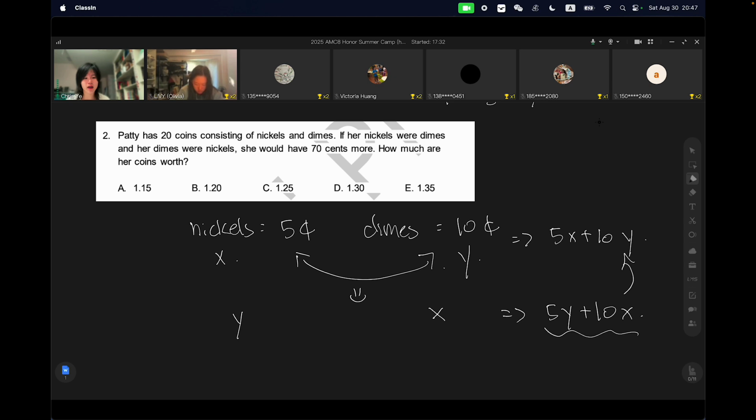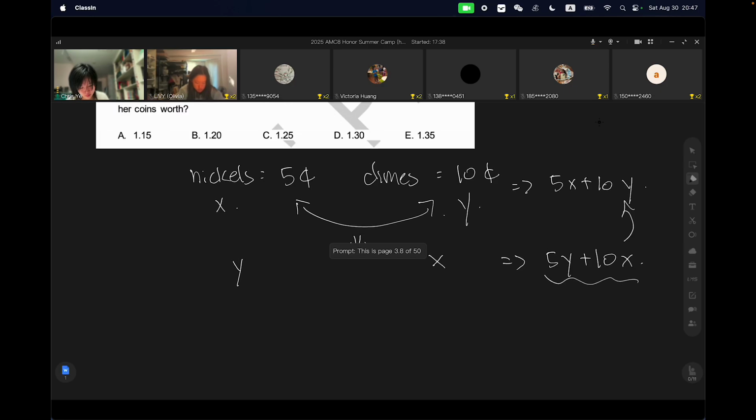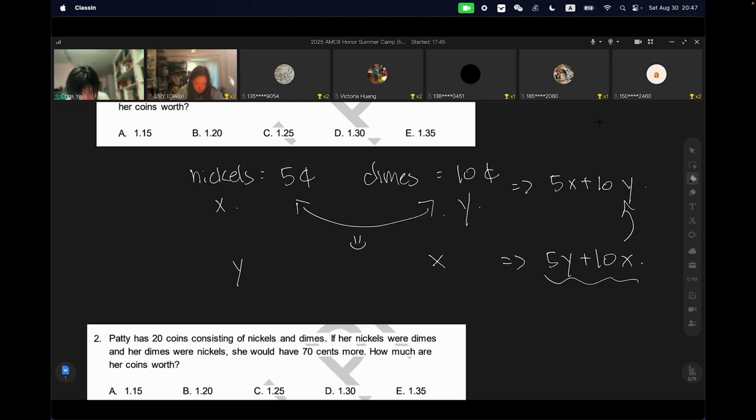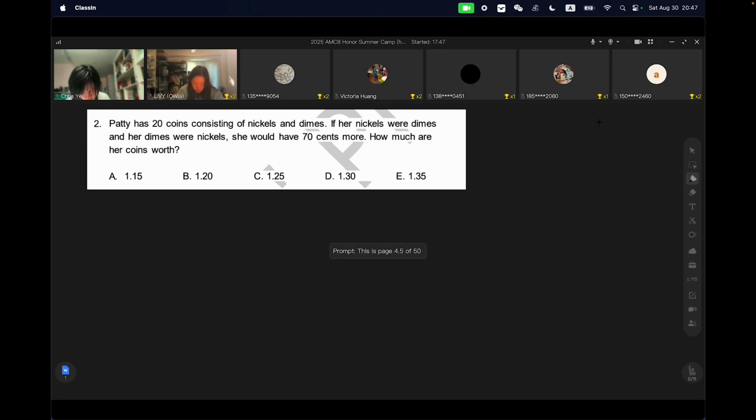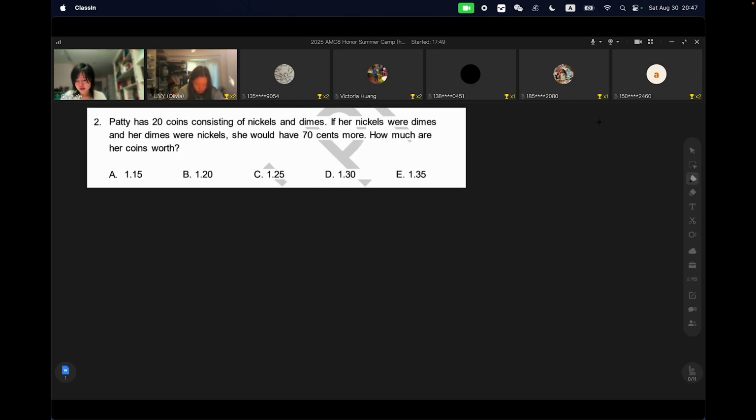So now that we understand the question, we can start to try and solve it. x and y seem a little bit confusing, so I'll replace them with n and d. Let me first duplicate this and bring it down. So let's say that she has n nickels and d dimes.